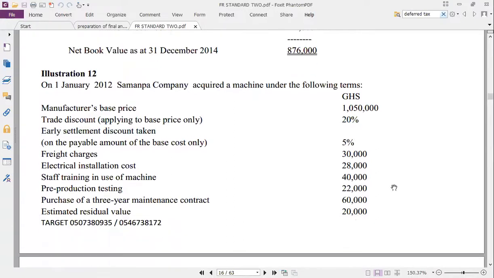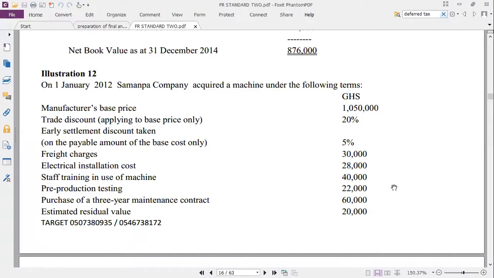The next item. Freight charges, 30,000, will be part. Freight charges, yes, it will be part, right? That's delivery. Good. Electrical installation cost, will it be part? Electrical installation, good, it will be part. What about staff training in use of the machine? Good, I like that. Pre-production testing will be part.